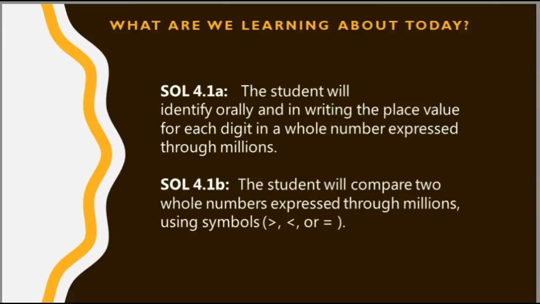Today's video is going to be about SOL 4.1a and 4.1b. 4.1a says the student will identify orally and in writing the place value for each digit in a whole number expressed through millions. 4.1b says that the student will compare two whole numbers expressed through millions using the symbols greater than, less than, or equal.